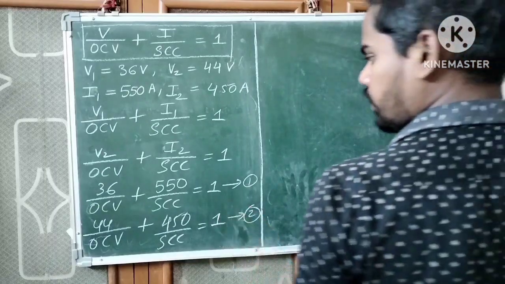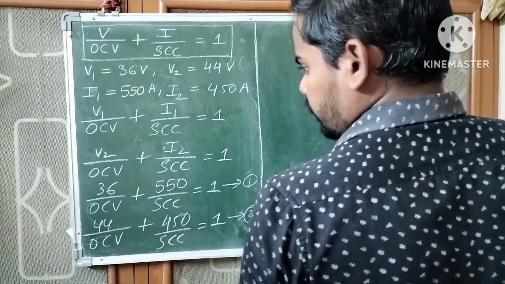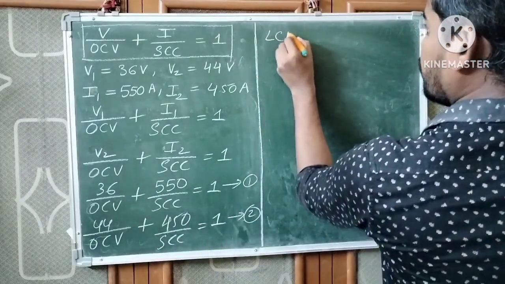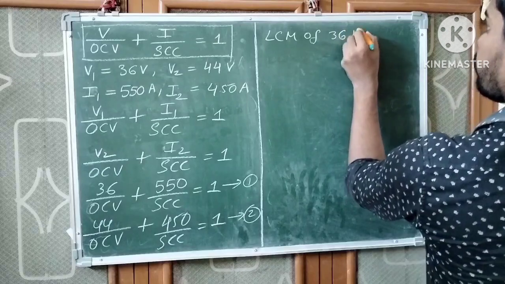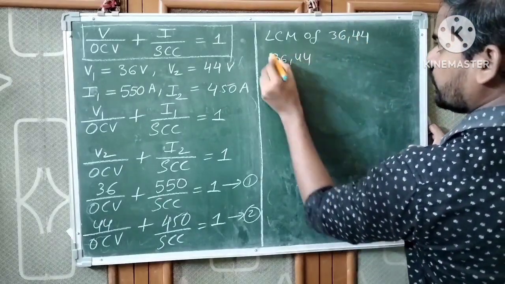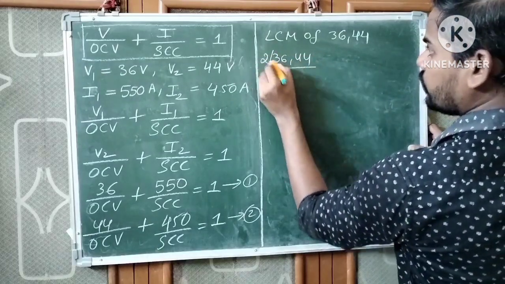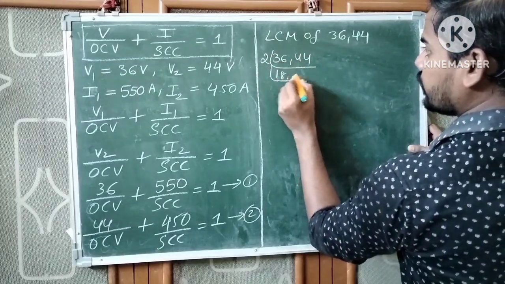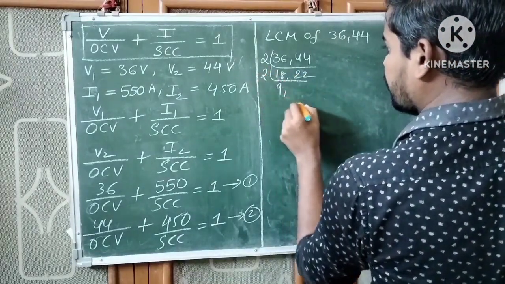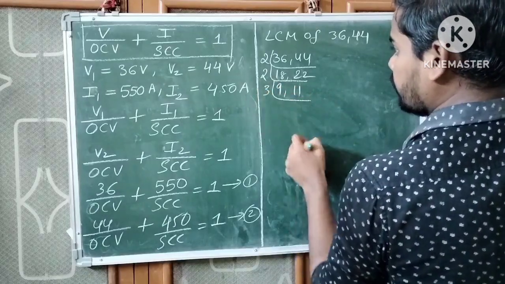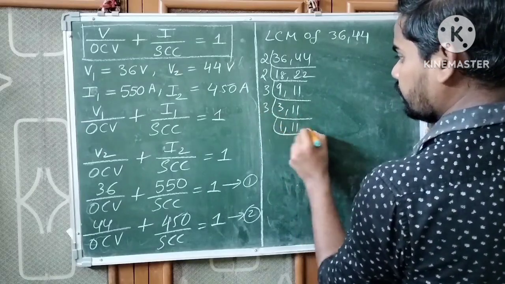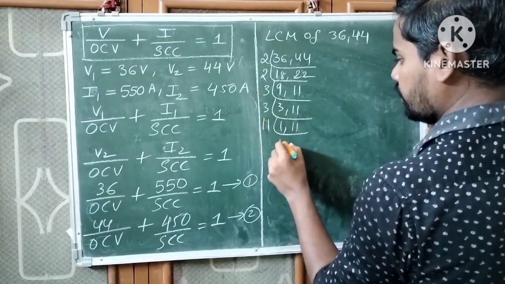First of all, let's see what is the LCM of 36 and 44. Let us consider the tables: 2 18s, 2 22s; next 2 9s, 2 11s; then 3 3s and 11; again 3 1s and 11; again 11.